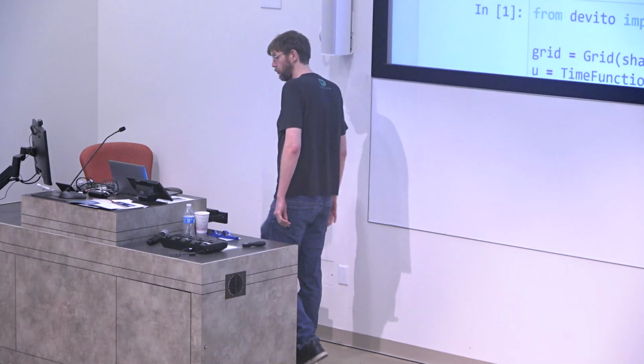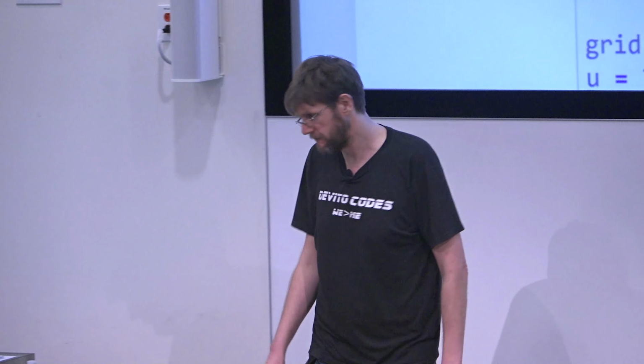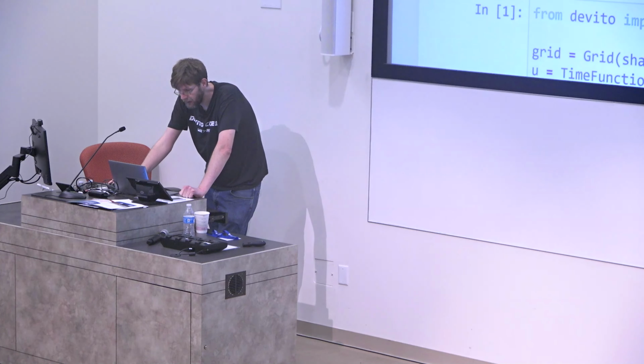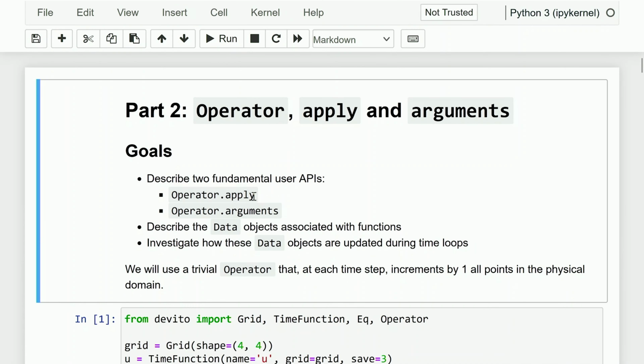So in the next notebook, we'll talk a bit more about operators, and in particular, the apply method and the operator arguments. We saw this method in action in the first notebook, but we didn't really draw attention to it.